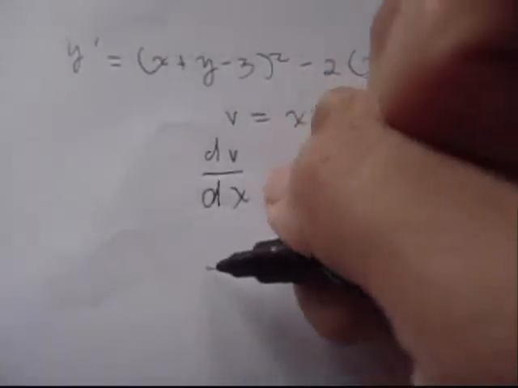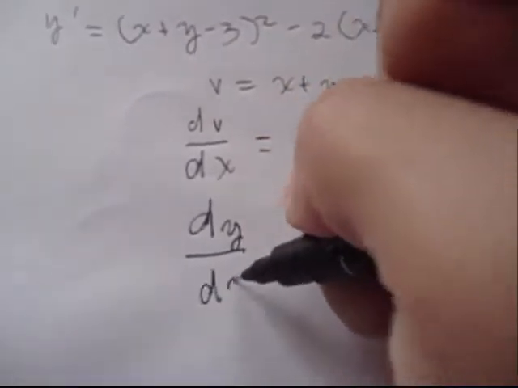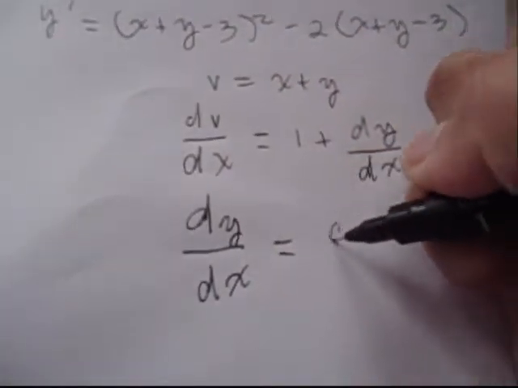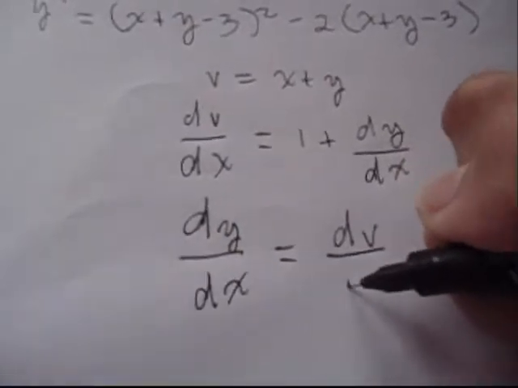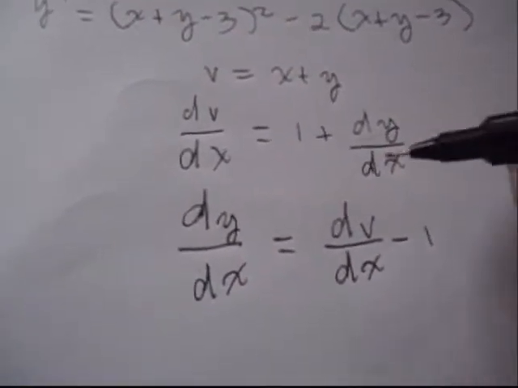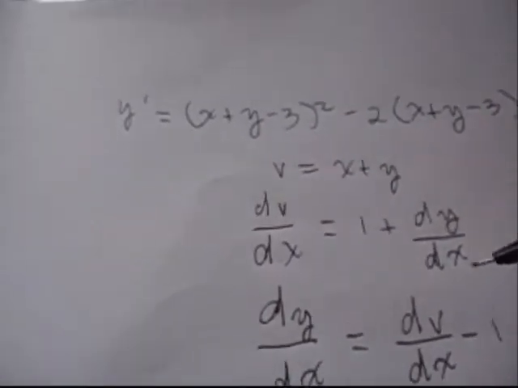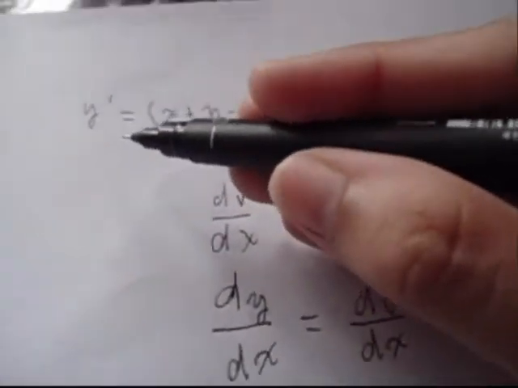Then we have our dy over dx. dy over dx is equal to dv over dx minus 1. Now that we have the value of dy over dx, we can substitute it into our y prime.